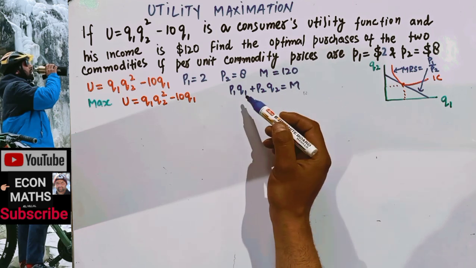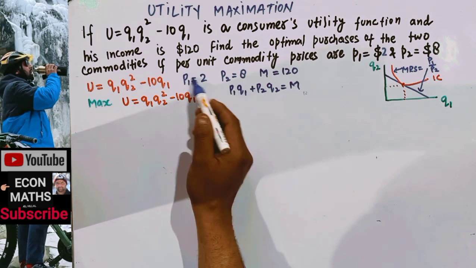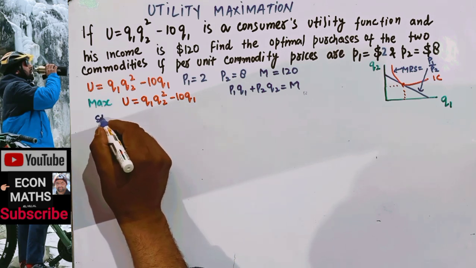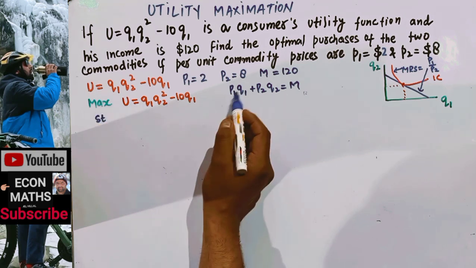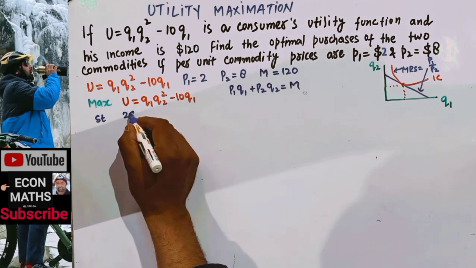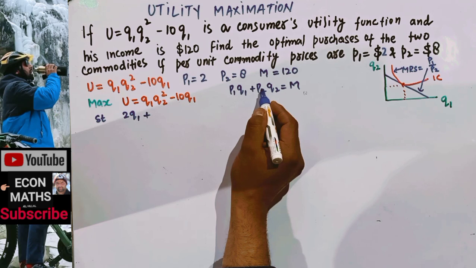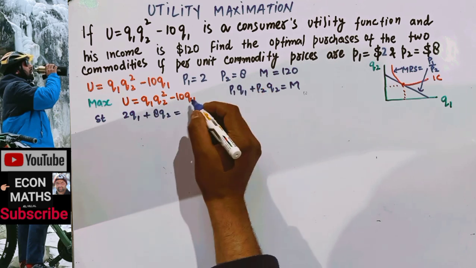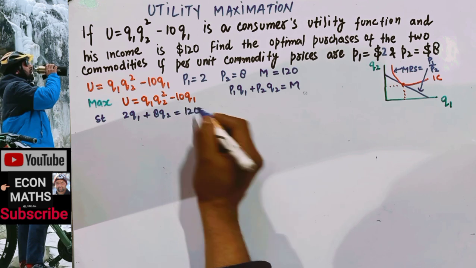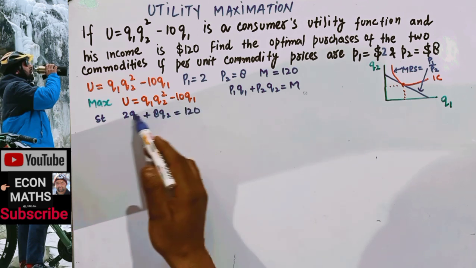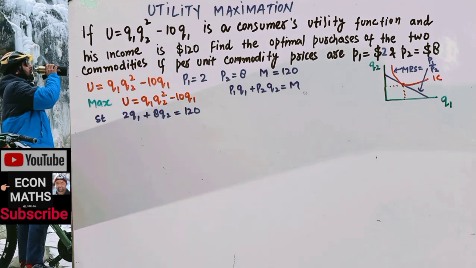Price of good one is 2, so in place of P1 we have 2: 2 Q1 plus P2 is 8, so 8 Q2 should be equal to 120. That means income should get exhausted on the purchase of goods Q1 and Q2.